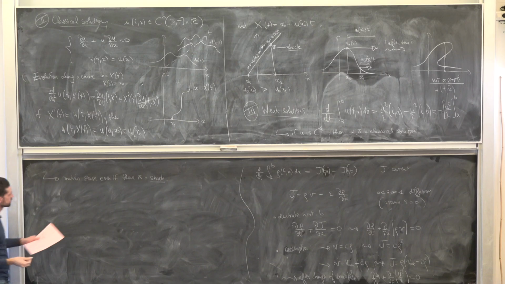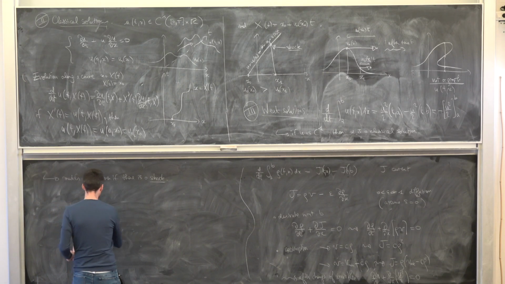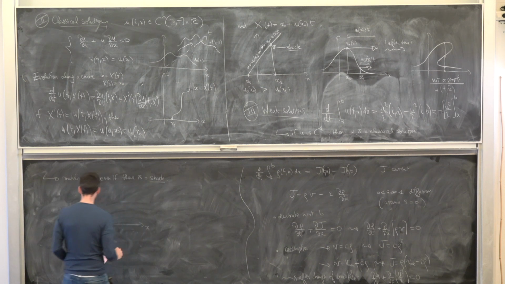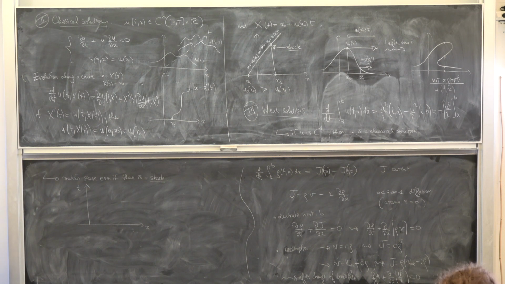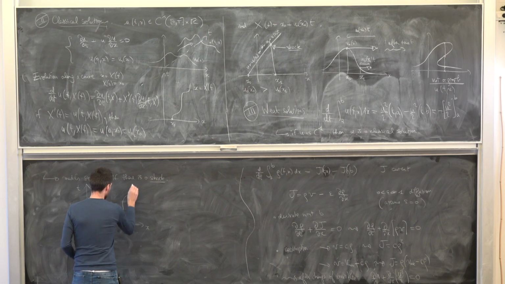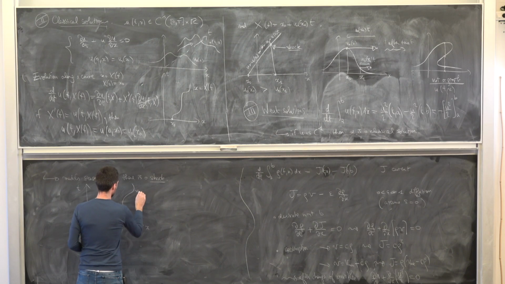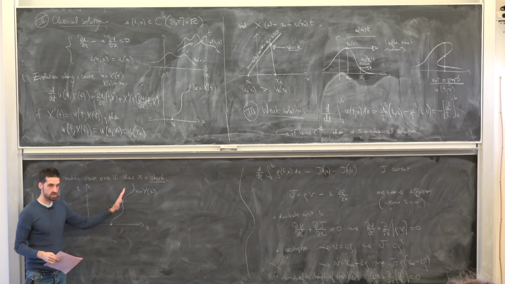So let's try to understand that claim a little bit better. Let's imagine we have x and t. So again, I'm doing my projection into the xt space. And let's imagine we have some curve, let's call it x equals capital Y of t, along which there is a shock.